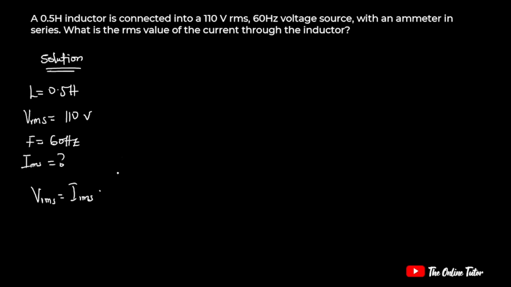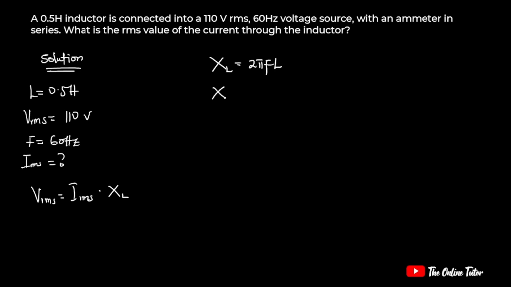Our resistance in this inductive circuit becomes our inductive resistance, XL. So before we find our root mean square current, we need to find our inductive resistance. Inductive resistance XL is given by 2 pi fL, where L is the inductance of the inductor and f is the frequency in the circuit.